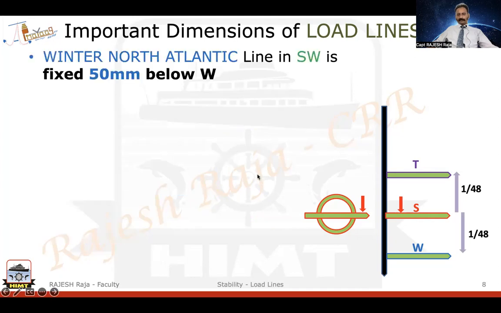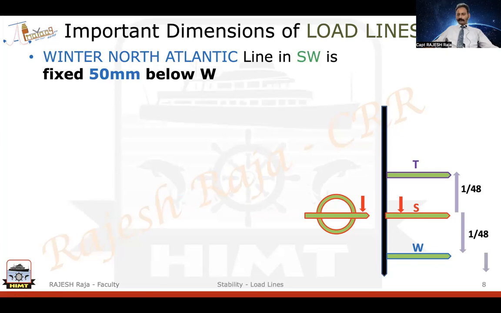Let me go to the next one. Now, I have one more condition, and it is called the winter North Atlantic line. Again, that is on the seawater or saltwater side, and it is fixed 50 millimeter below your W, which is winter.